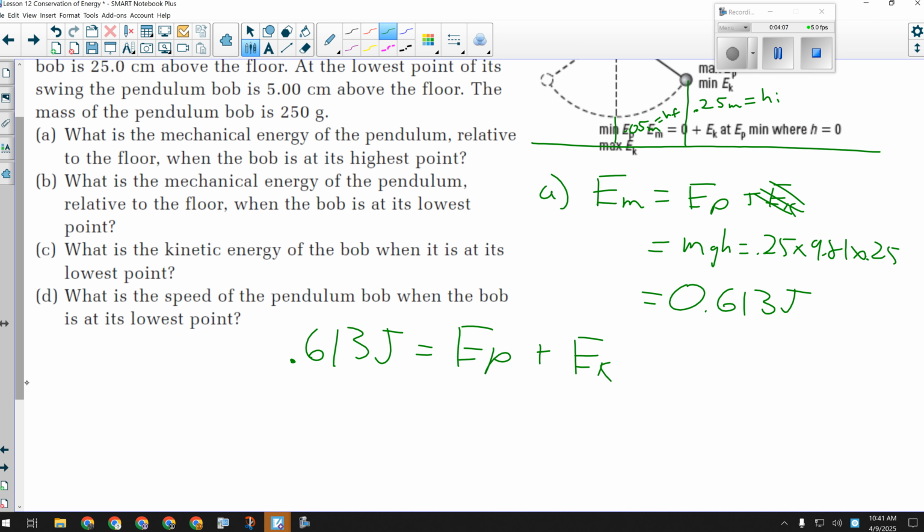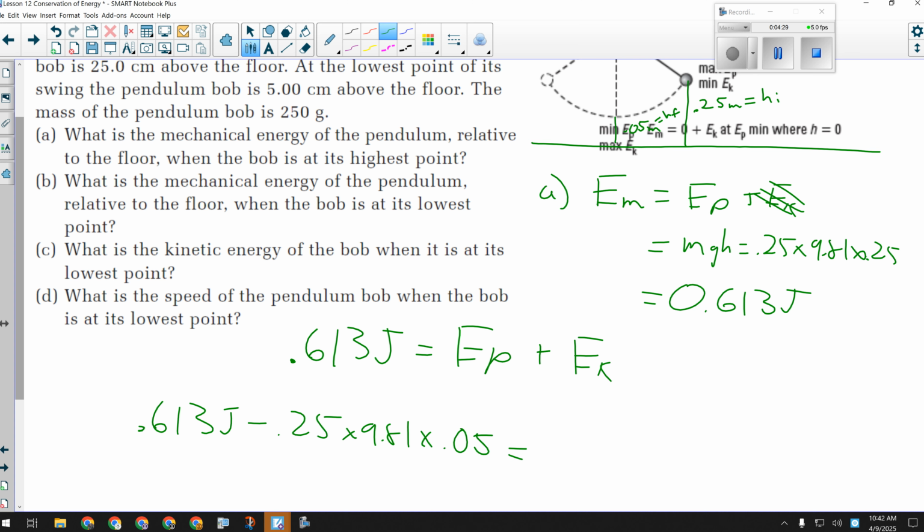Mark, can I? Okay. So, if I subtract EP over to the other side, will that get me my kinetic? All right, so I'm going to go 0.613 joules minus 0.25 kilograms times 9.81 times 0.05 meters.